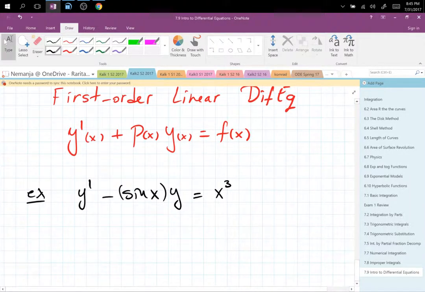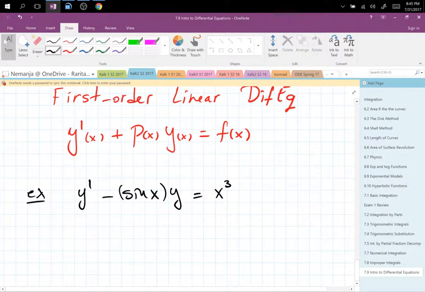Now, you will learn a whole spiel of methods in differential equations class for how to solve this. In this class, we are only concerned with separation of variables as the most rudimentary and basic technique.